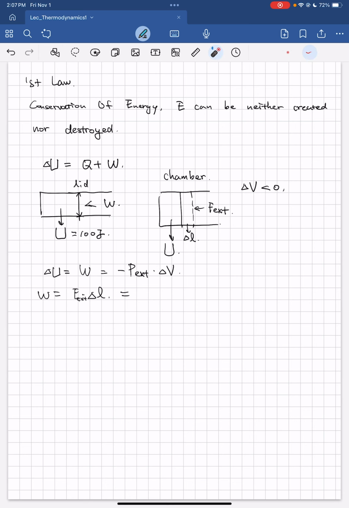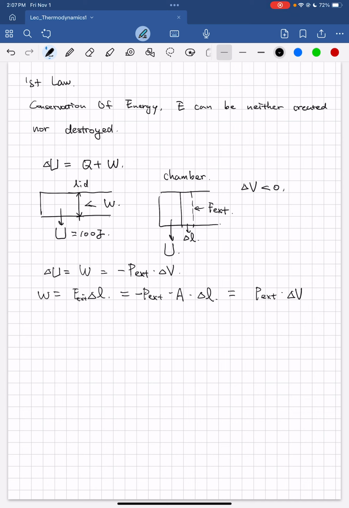This lid is going to look like this in this view, and it is going to have area A. So we can change this equation into P external times A times delta L. Then it'll be P external delta V, with a minus.